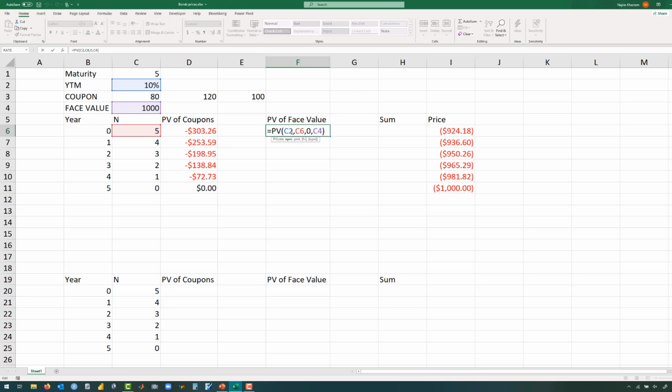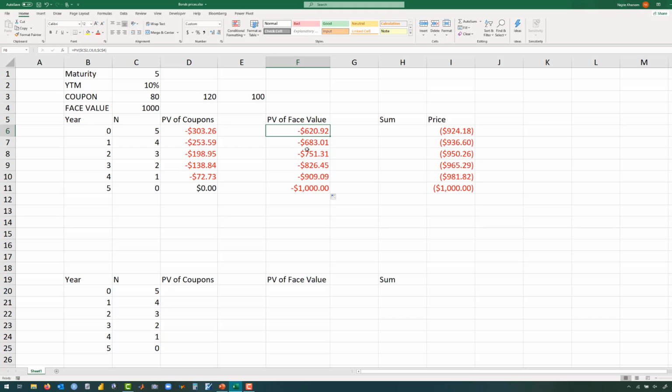To do that, I will need to again use absolute referencing for the yield, and we want that to change, and absolute referencing for the face value. Okay. Let's drag this down. All right, so what's happening with the present value of the face value?